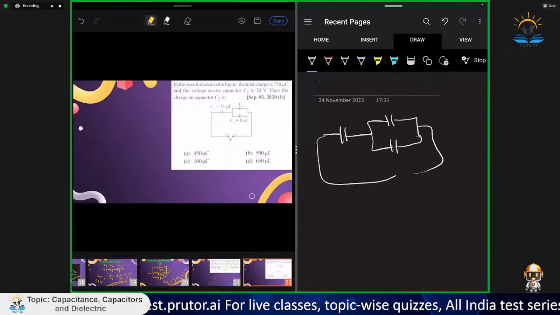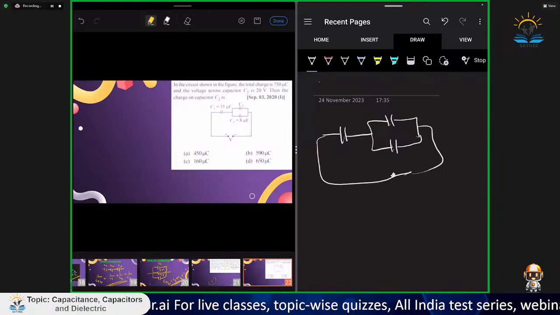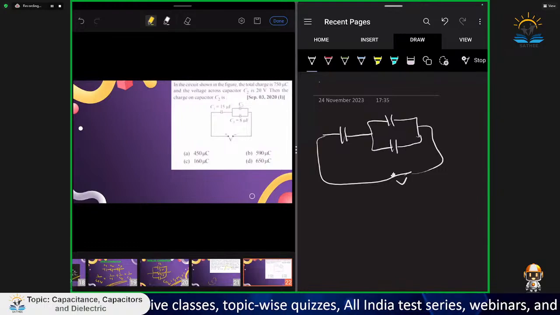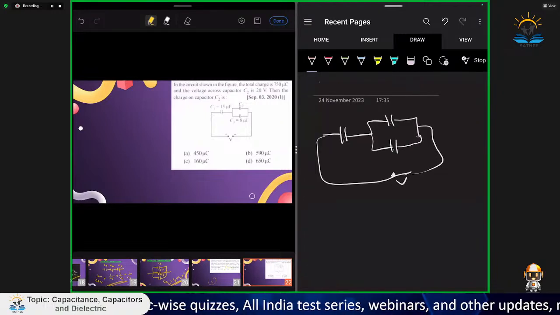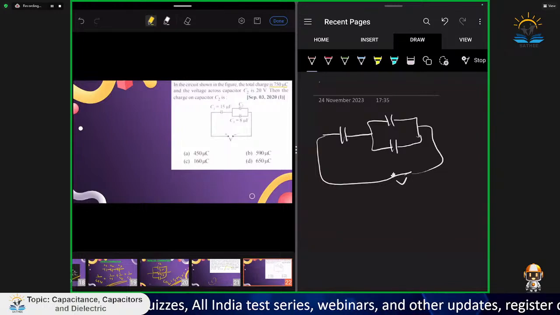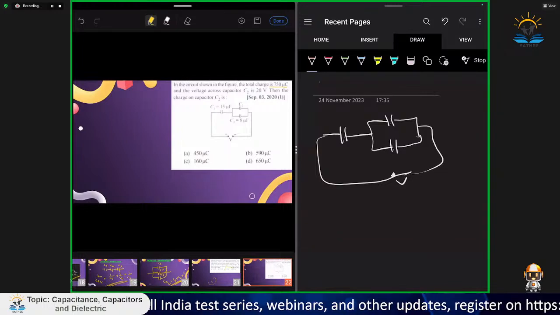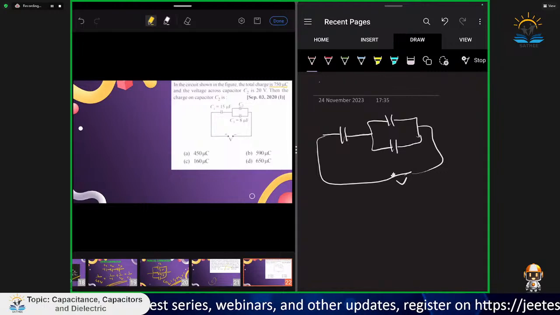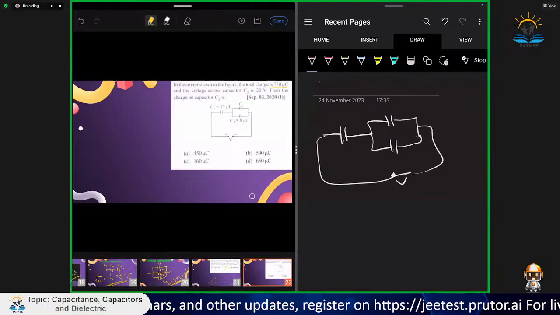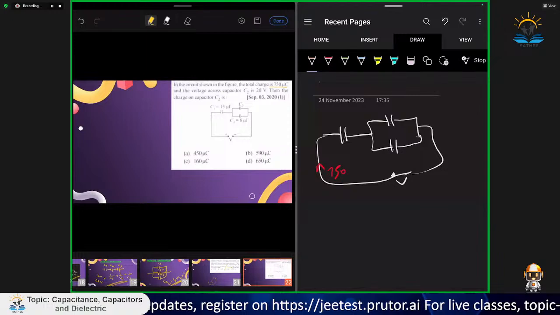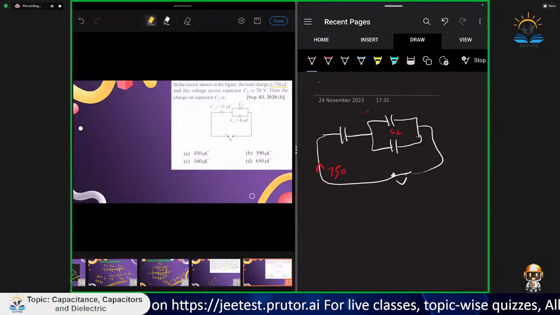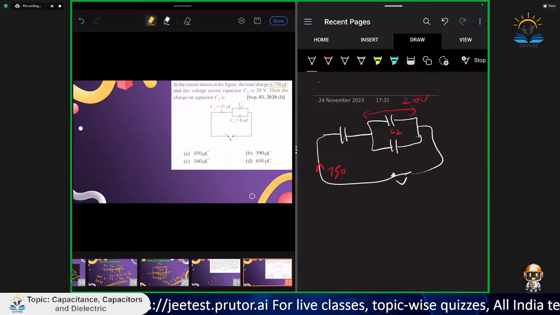Total charge is given as 750, and the voltage across capacitor C2 is 20 volt.